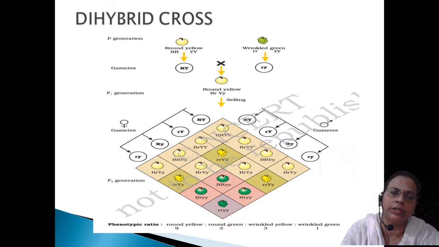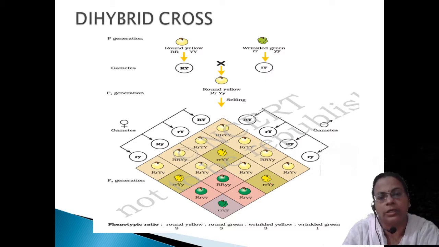Here it is round green, and here it is wrinkled yellow, and the whole continuation is round yellow. And this one is wrinkled yellow. This one is round green, and this one is wrinkled green.